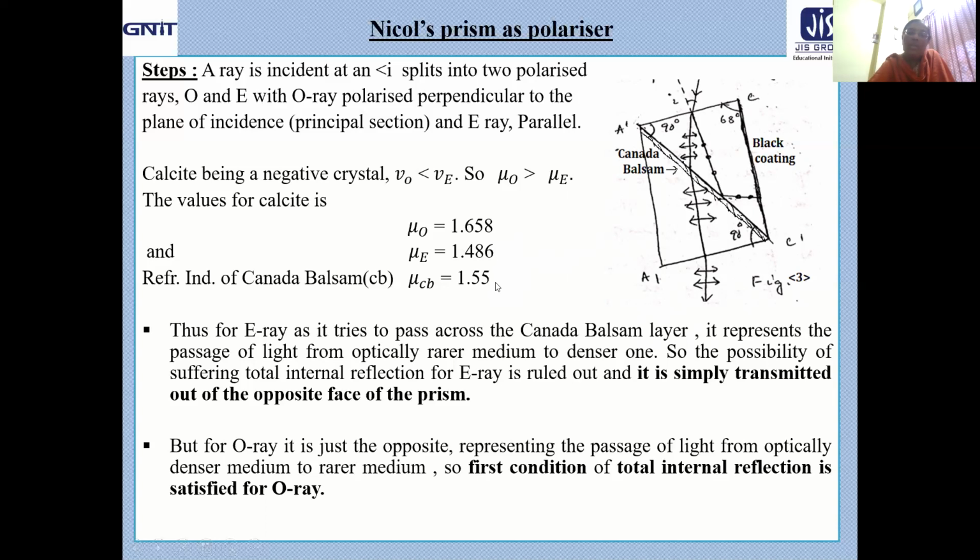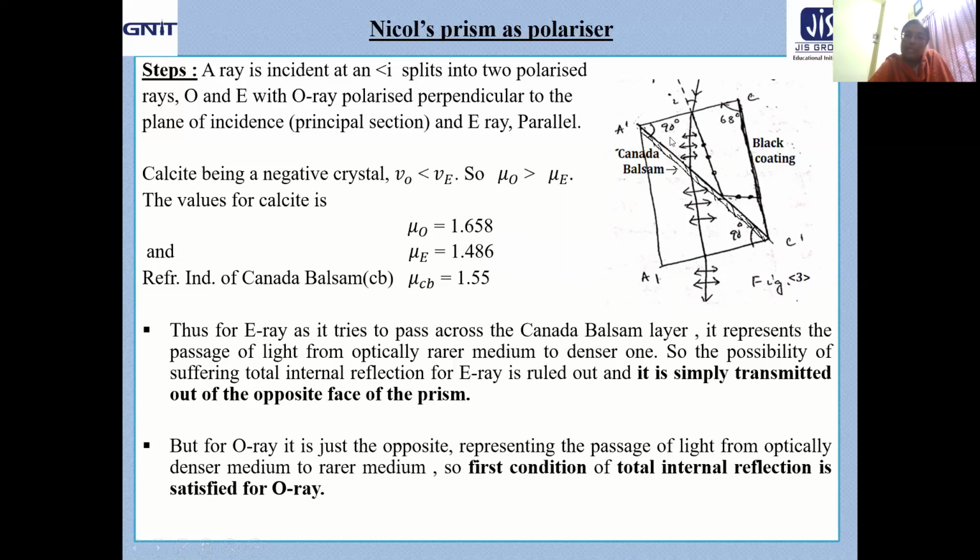I already mentioned that Nicol used the phenomenon of total internal reflection. For total internal reflection, we all know that light must move from denser to rarer medium. But here, light is moving in the form of the E ray from rarer to denser medium.